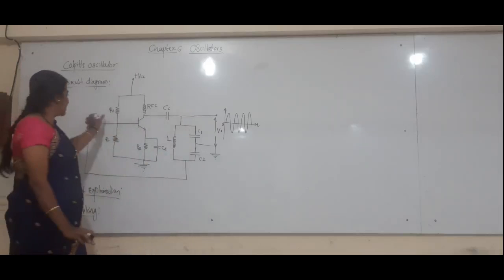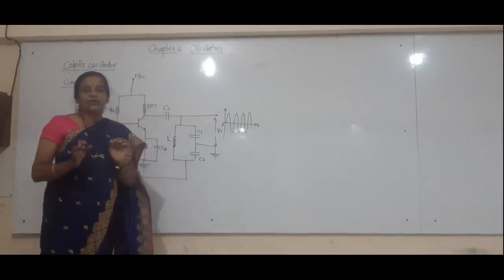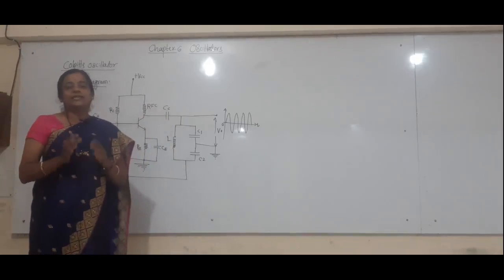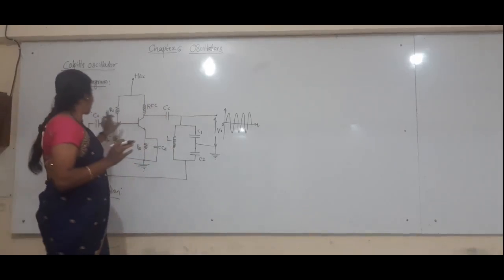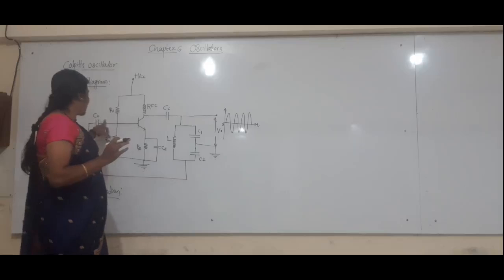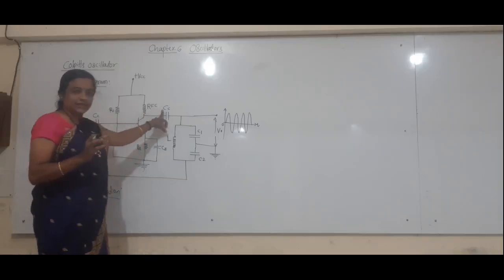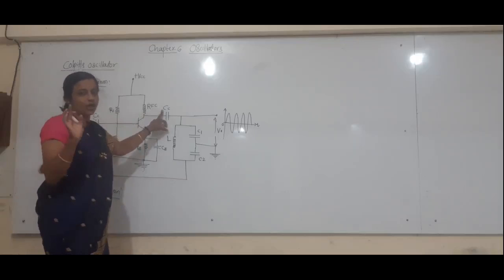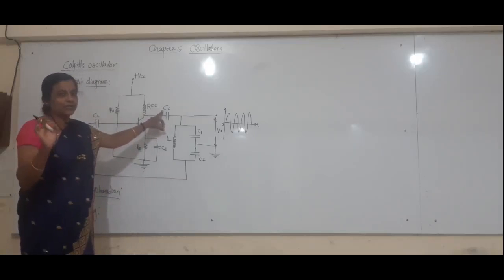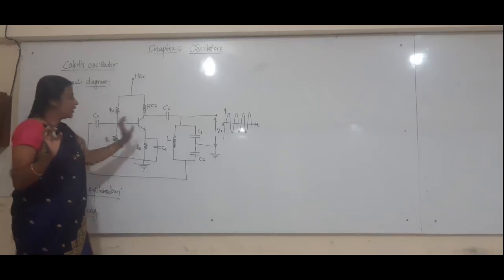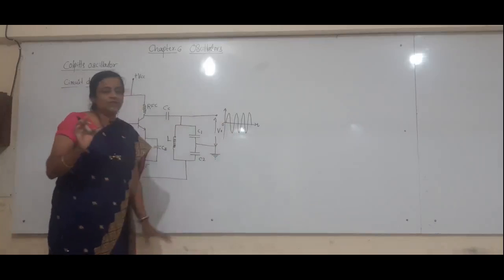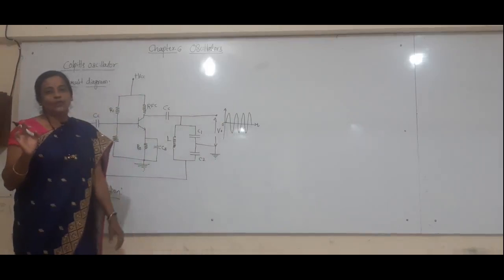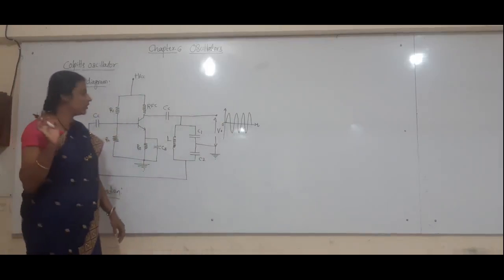These coupling capacitors, CC, one connected at the input side and another at the output side, allow only AC signals and block the DC, so that a pure AC sinusoidal signal, or electrical oscillation, can be generated at the output of your oscillator circuit. That is our main concept.